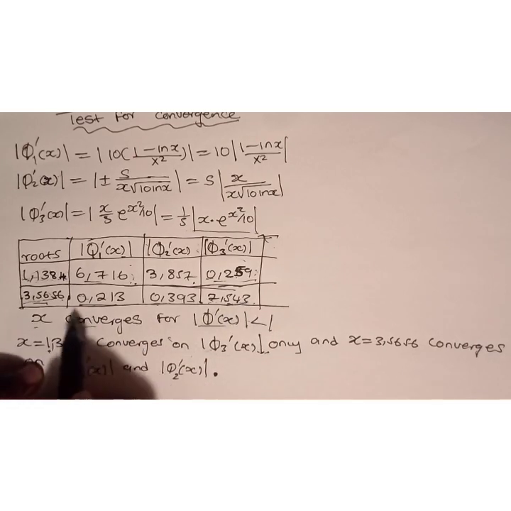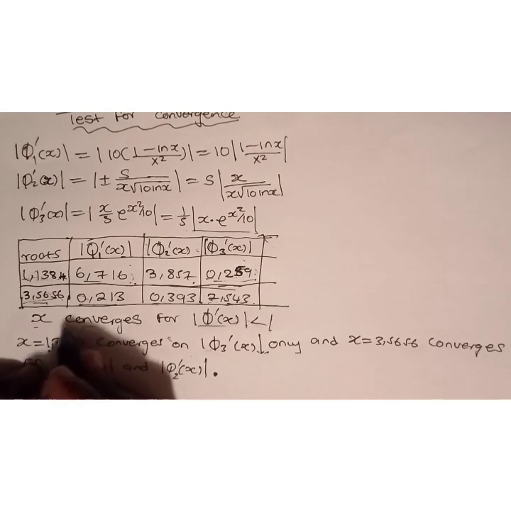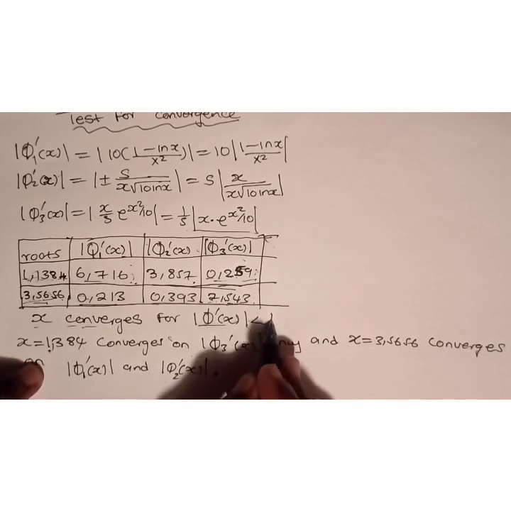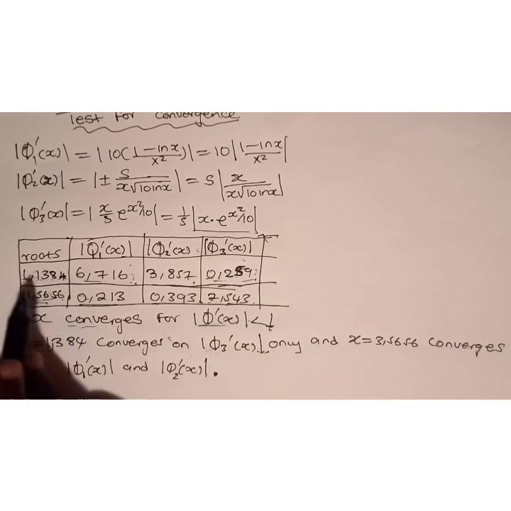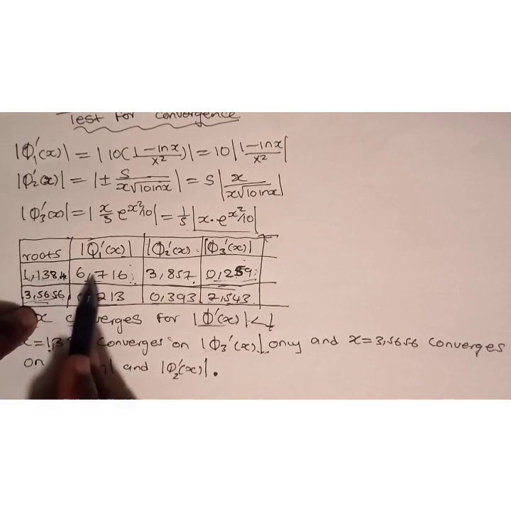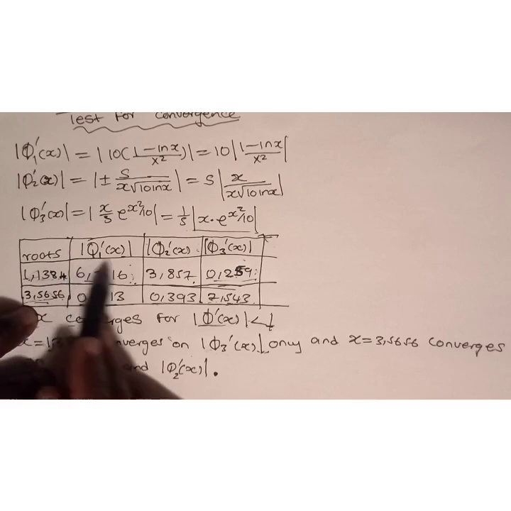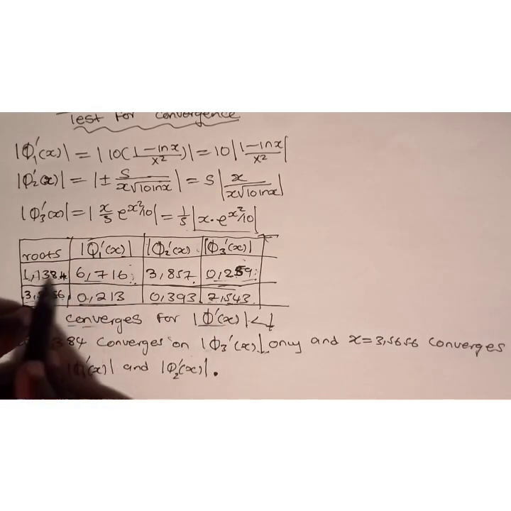2.543. So if I check here, for this to be convergent, the absolute value of the derivative of phi has to be less than 1. So does the root 1.1384 converge on phi 1 and phi 2? How do we see? The absolute value of the derivative of phi 1 is bigger than 1, so it diverges.